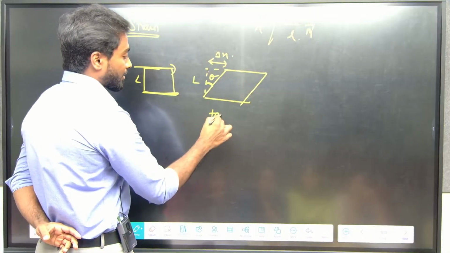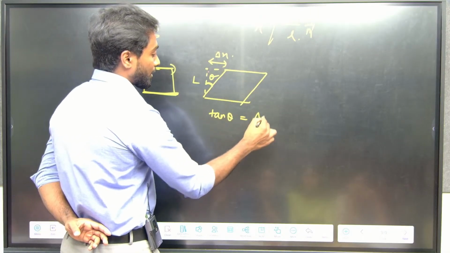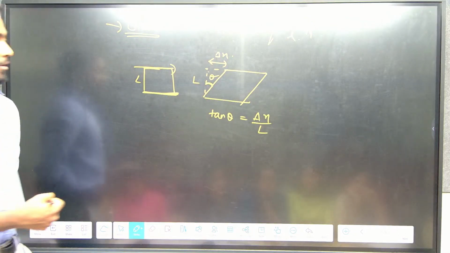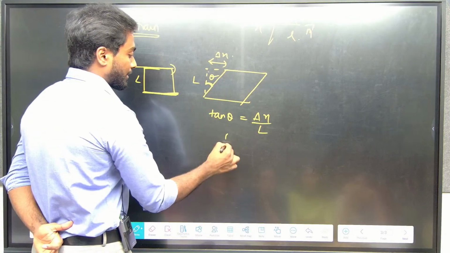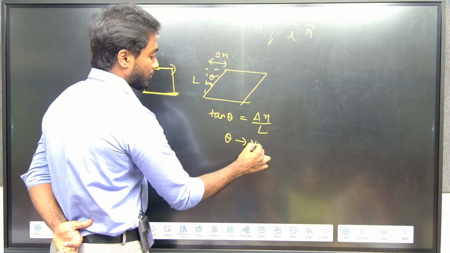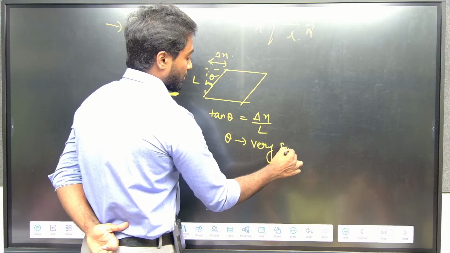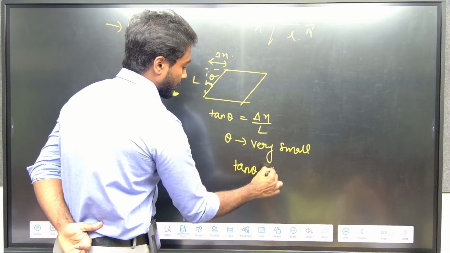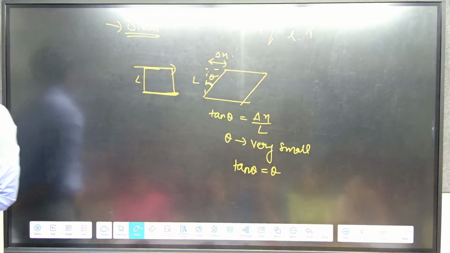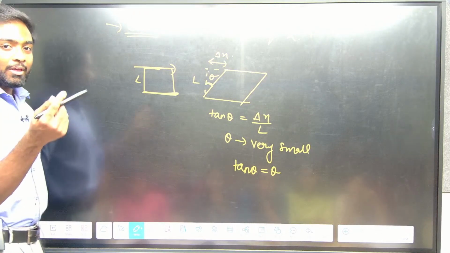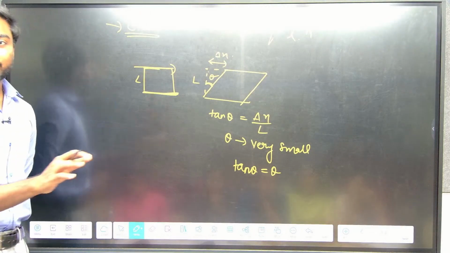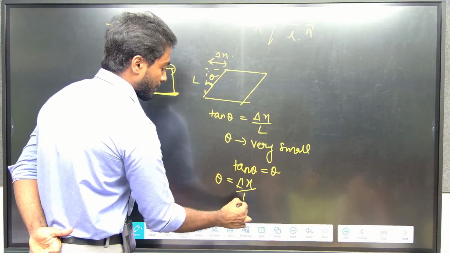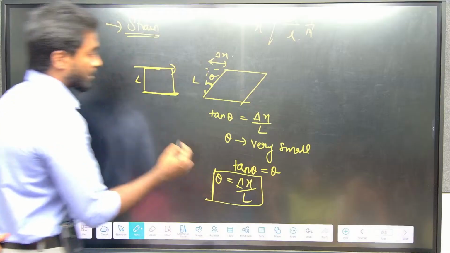So tan theta equals delta x by L, opposite by adjacent. Here theta is very small, so tan theta becomes theta. Whatever value they are giving, just apply the value. So theta equals delta x by L. This is the formula. Take down.